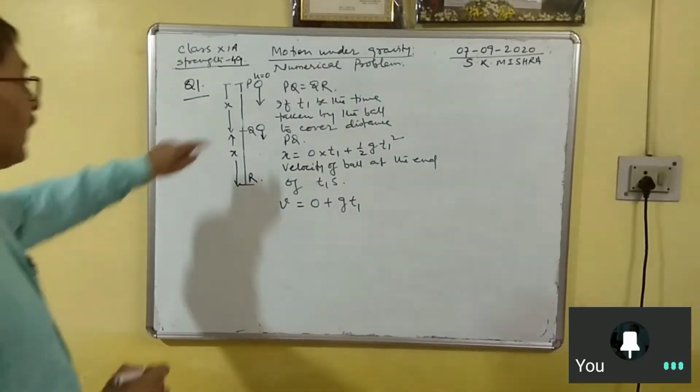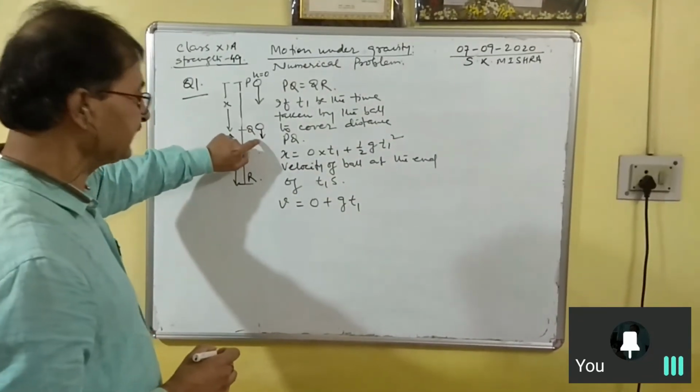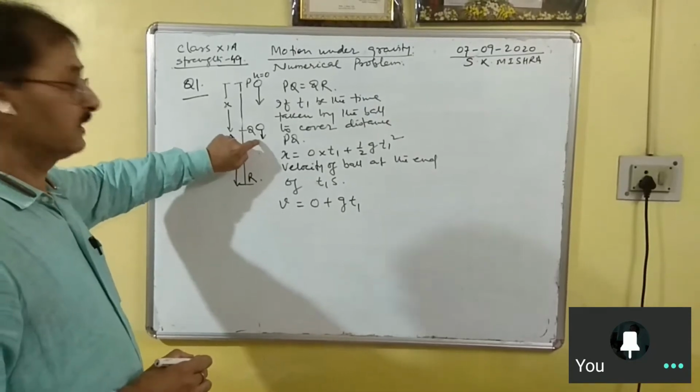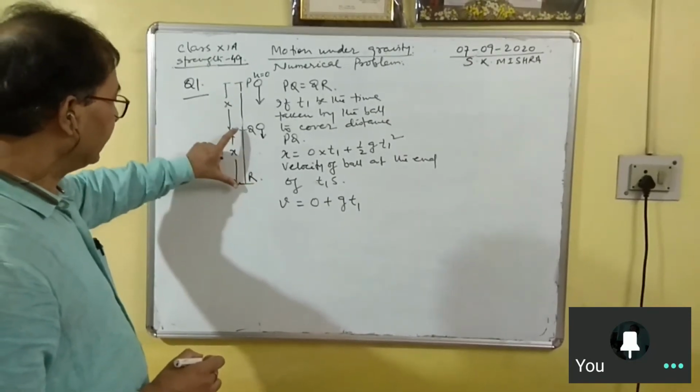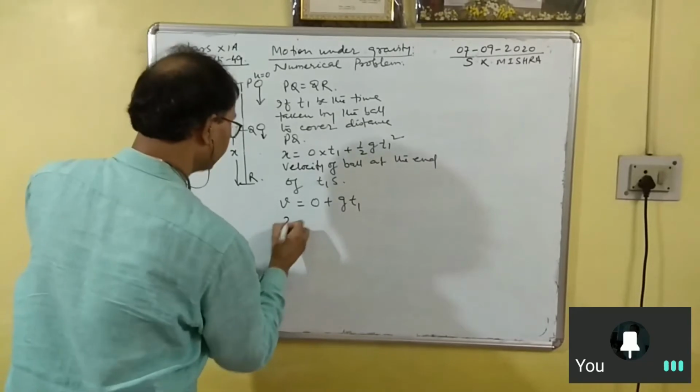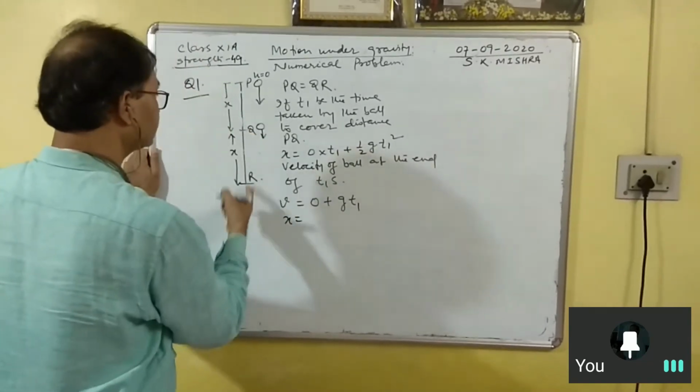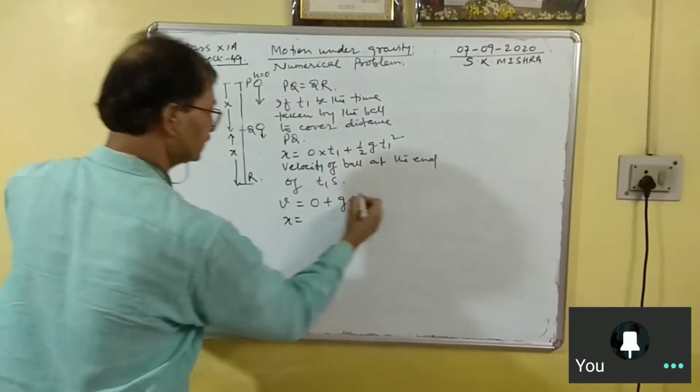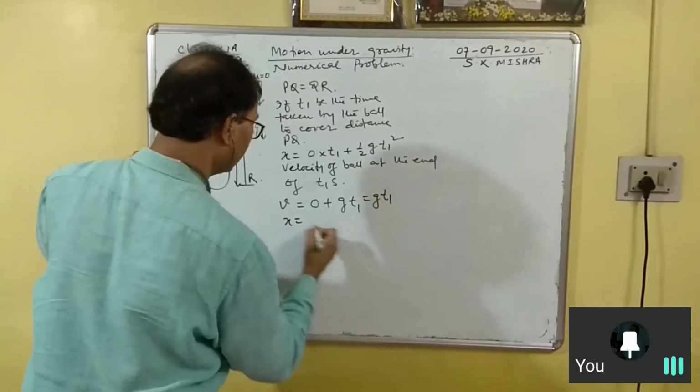Now for this journey, this will be taken as the initial velocity. So then the height X is equal to ut, so this is your u. This g T1 is the u only.